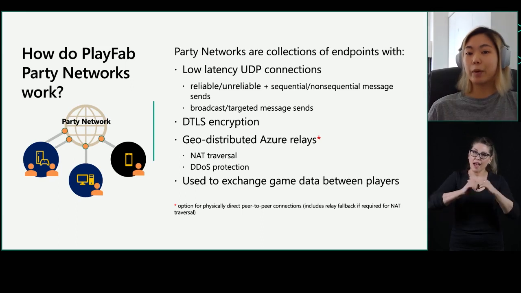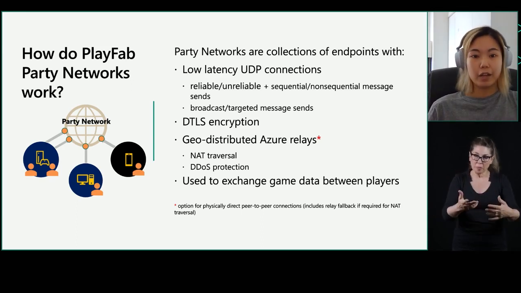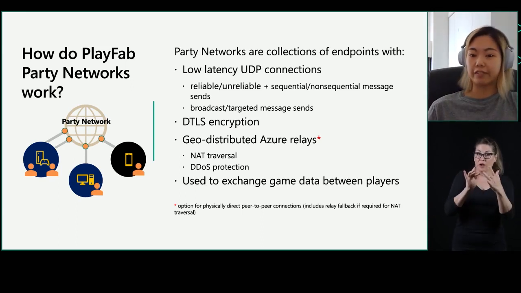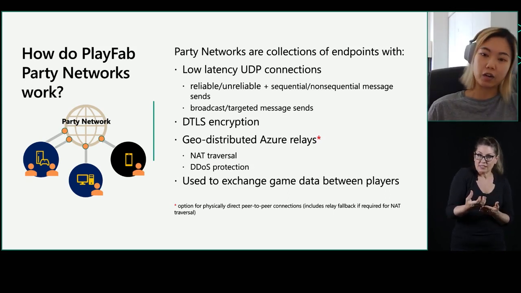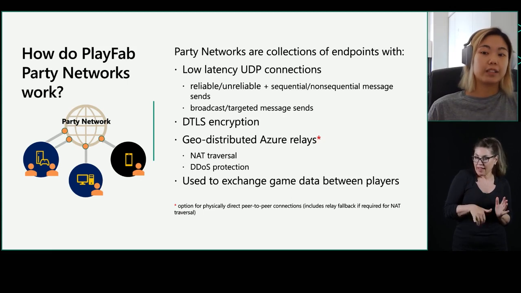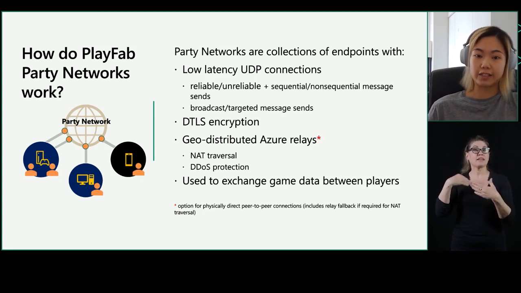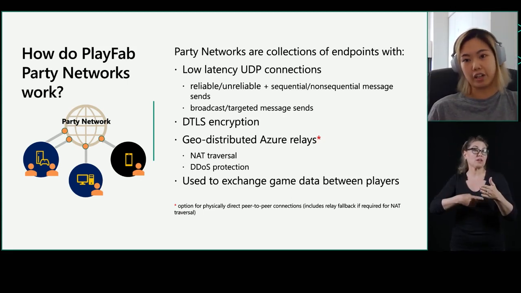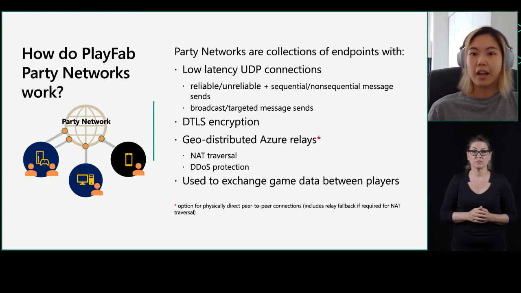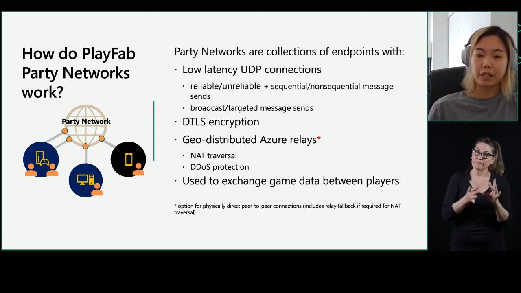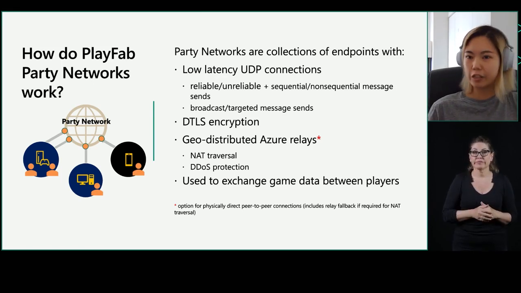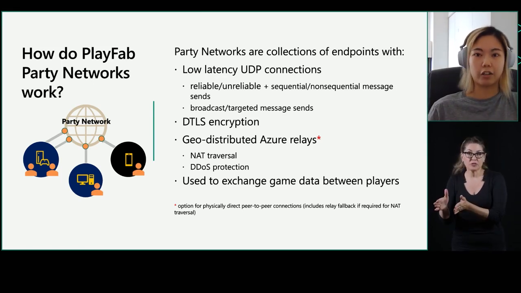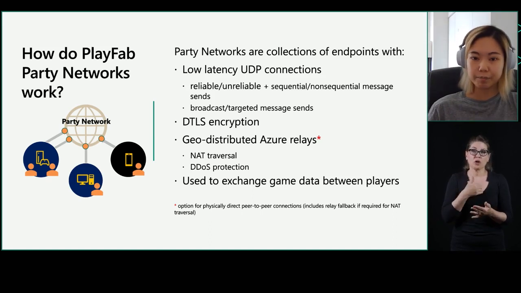So how do PlayFab Party networks actually work? Well, the Party network is a collection of endpoints, which could be a single device, a player, or some other entity. The title has the flexibility to decide what is an endpoint in their game. Messages can be sent reliably or unreliably, sequentially or non-sequentially over our low-latency UDP connections.